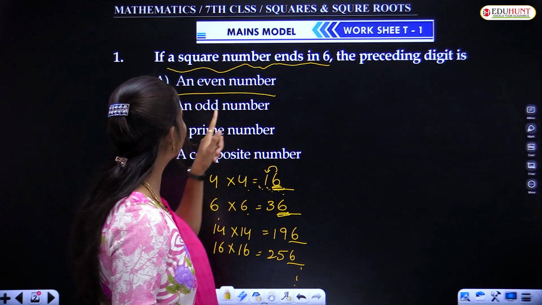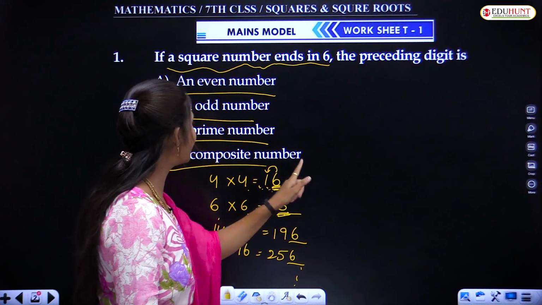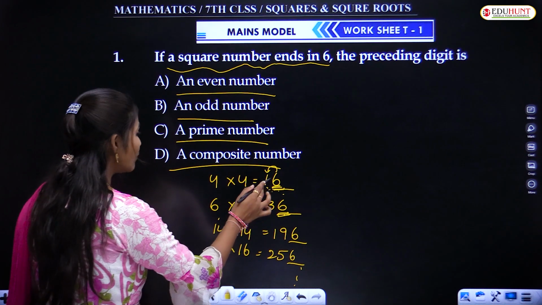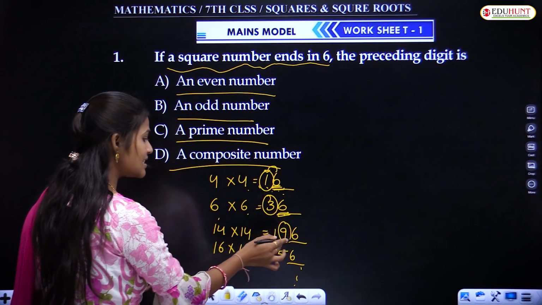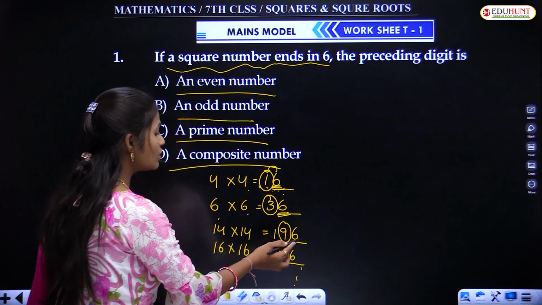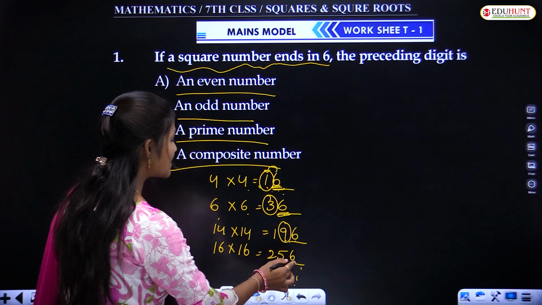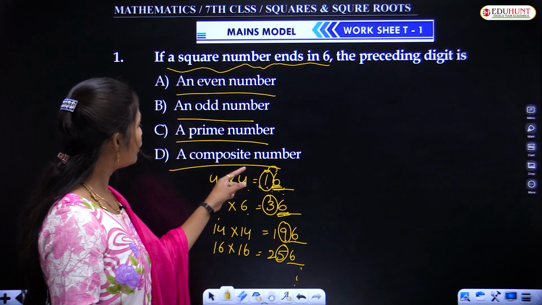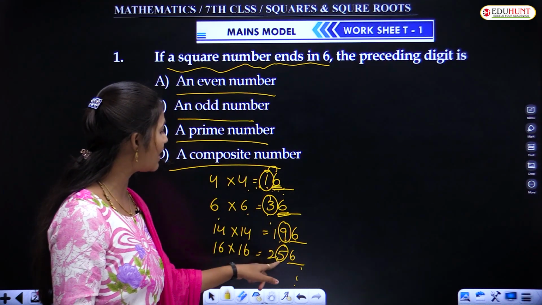First one they are saying even number, another one odd number, next prime number, next composite number. Here in this 3 digit number, the digit preceding 6 is 9. Here, before 6 the number is 5. So the preceding digits are 1, 3, 9, 5.